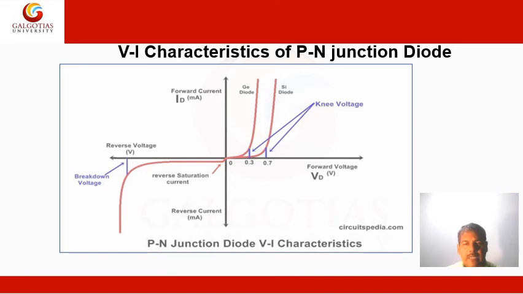See here, the knee voltage of germanium is observed at 0.3 volt, while for silicon it is observed at 0.7 volt. So the VI characteristics depend on the material.